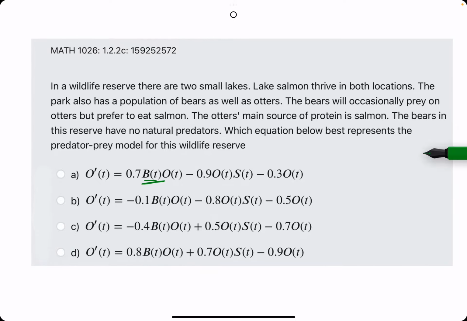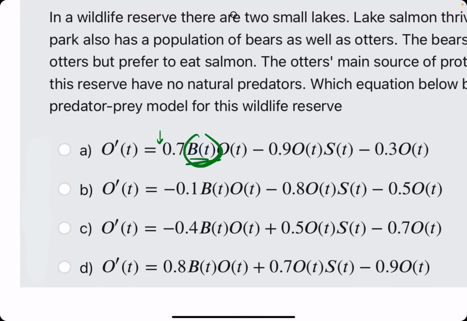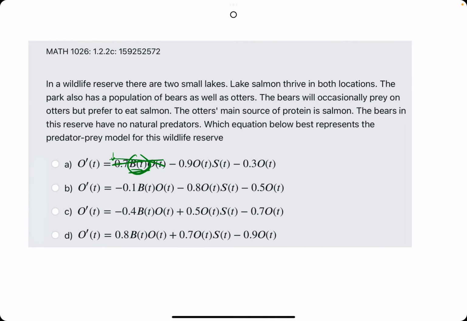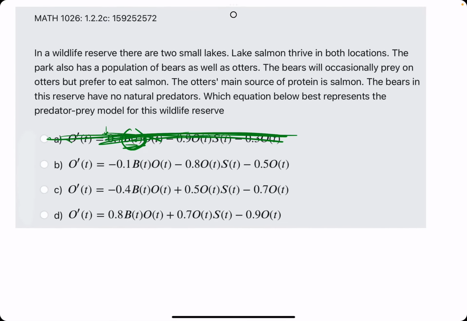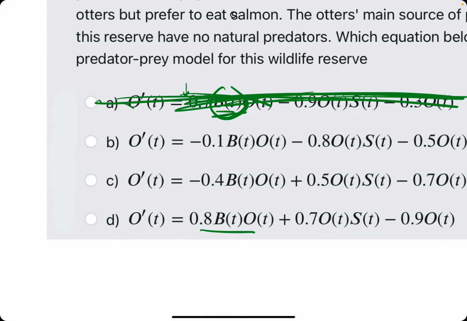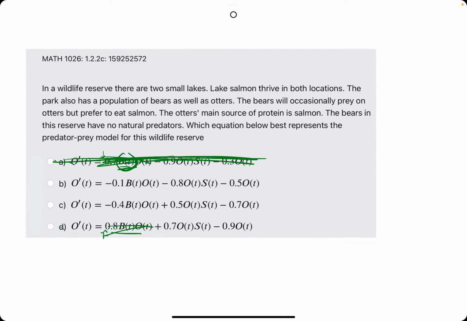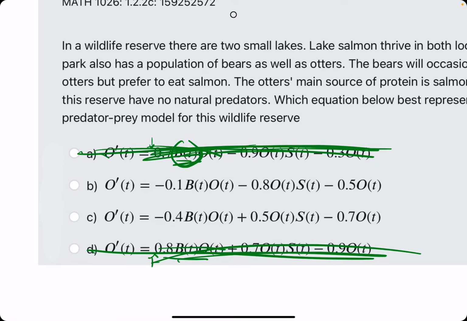So because this bear value is positive in front of the 0.7, this makes this wrong, right? Then we see that the same thing happens here in option D. Bears has a positive coefficient, so this makes option D incorrect. Now looking at options B and C, it says that bears have negative effects on the otters population or rate of change, which is good.